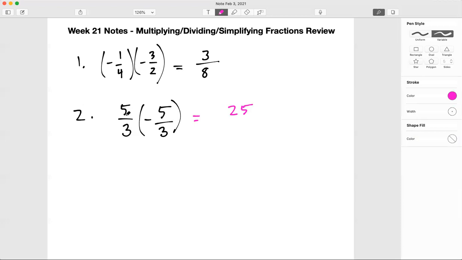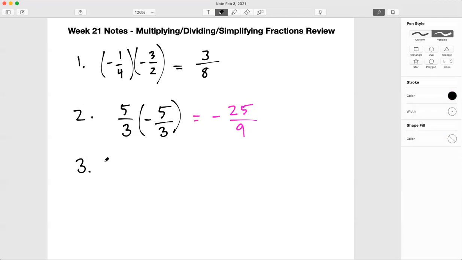We could think of that as 5 times negative 5, so I'll call that negative 25, over 3 times 3 is 9. And since 25 and 9 do not have any common factors or numbers that divide into both, this is the simplest form of the answer.